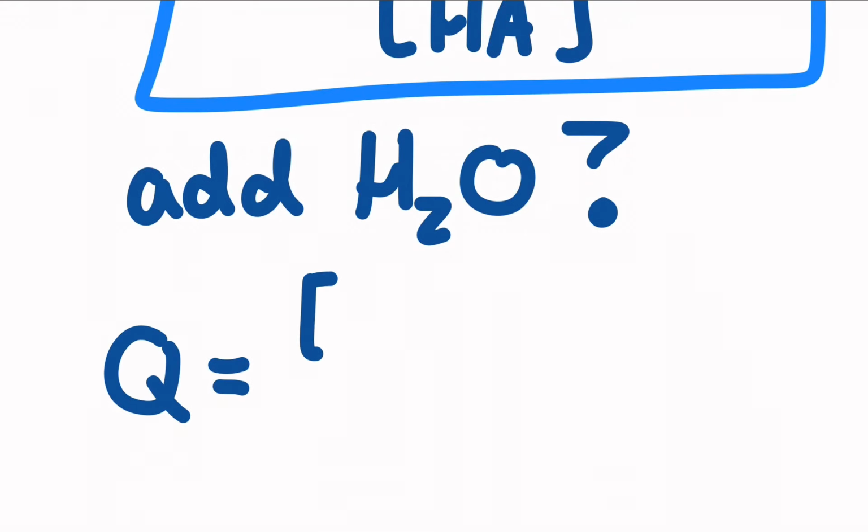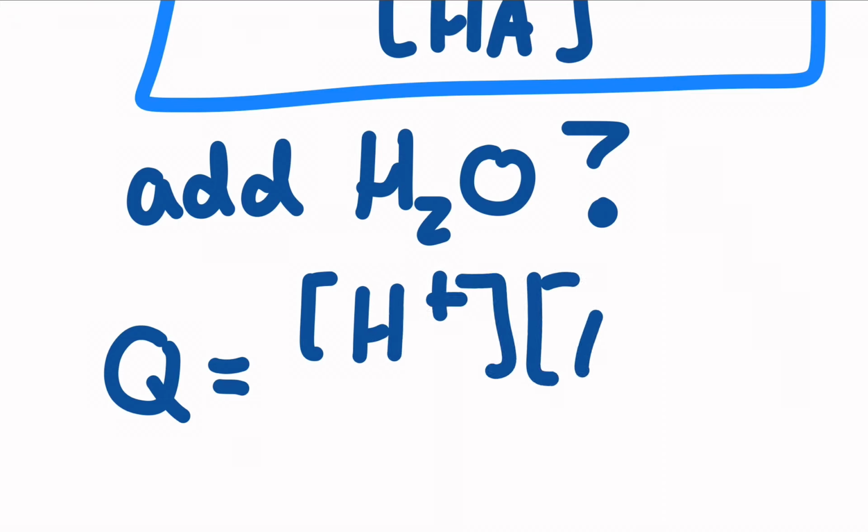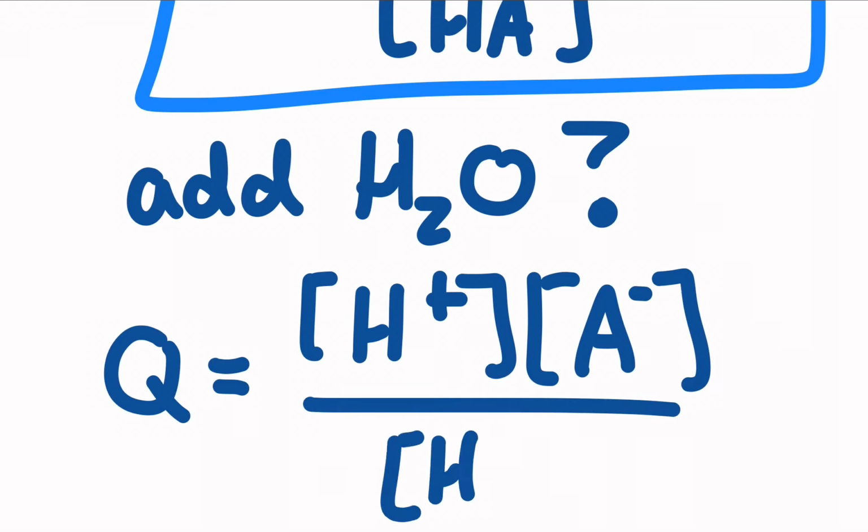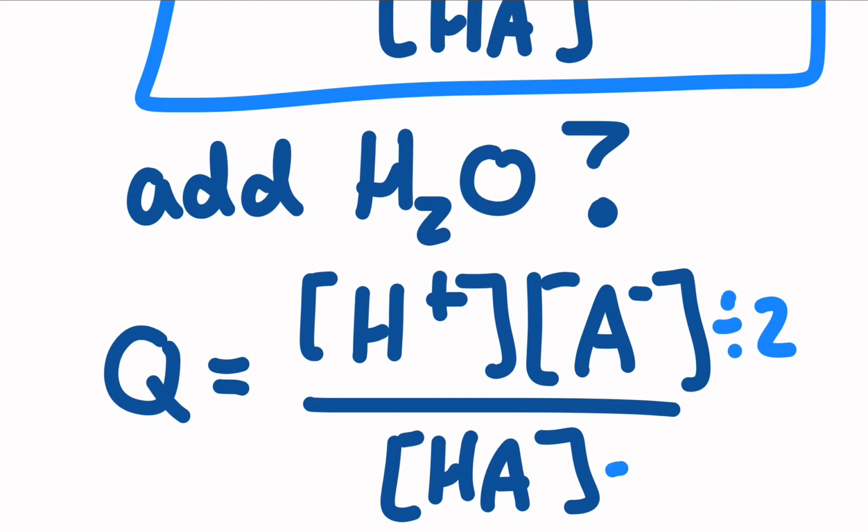Anytime you perturb something a la Le Chatelier's principle, it's always a good idea to think about what happens to the reaction quotient, the Q value for this. Let's say I added water so that every molarity got cut in half. That means the A minus gets cut in half, the HA gets cut in half, and the H plus gets cut in half as well.